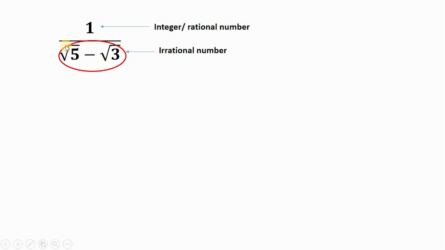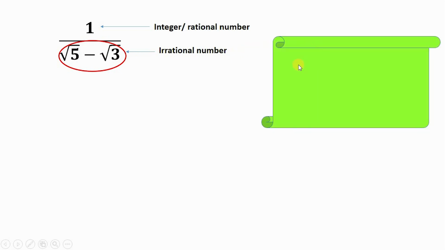Now we have to think about a number such that when you multiply it with square root of 5 minus square root of 3, it should give a rational number. So here we recall an algebraic identity, that is (a plus b) into (a minus b) is equal to a square minus b square.